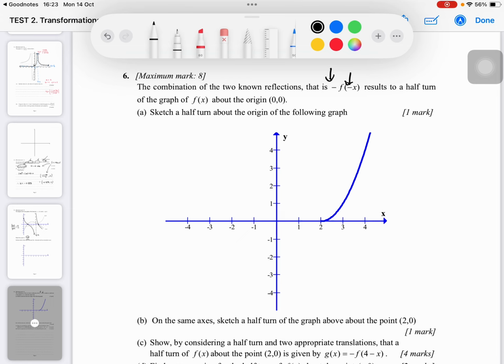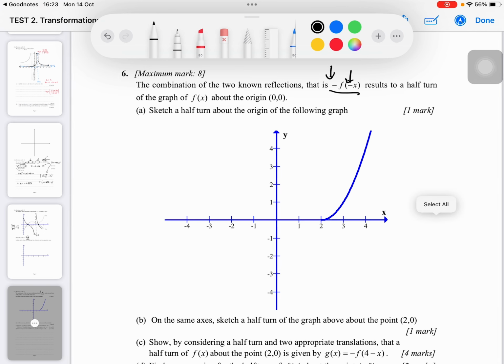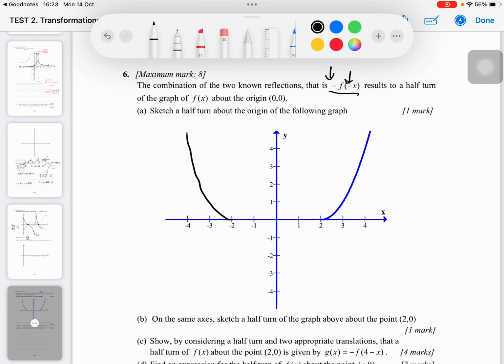So if you get confused what this means, then you can apply the y reflection and x reflection again, like this. So this is the half turn. When we rotate it 180 degrees, with the center about the origin 0, 0, this becomes like this. So on the same axis, half turn of the graph about the point 2, 0.